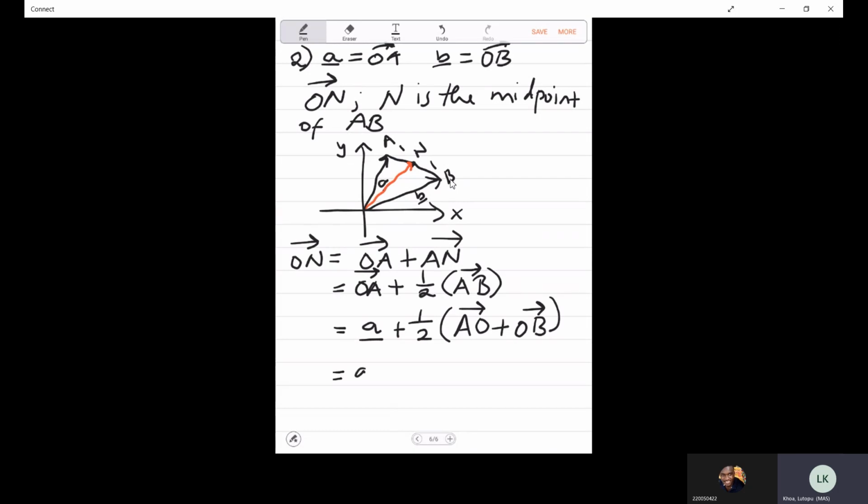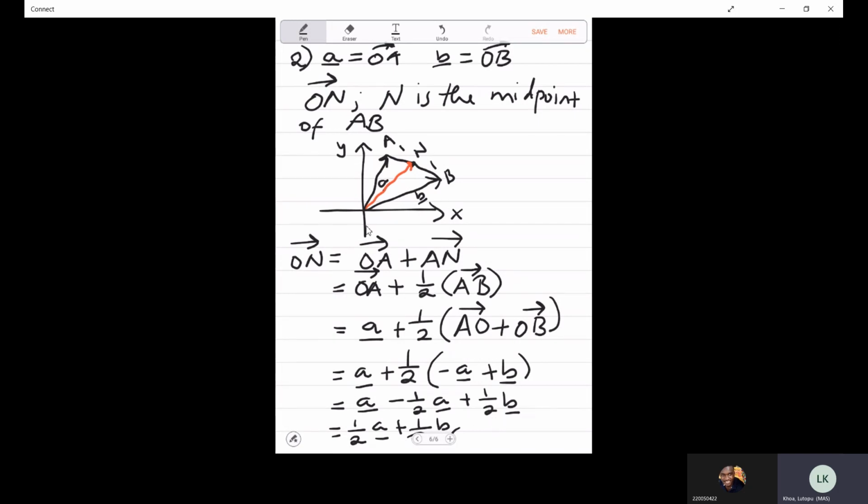Right, continuing, this is A plus half, and then AO, that's now in the opposite direction of the small a, so it will become negative. And then OB is in the same direction as this vector B, so I just add the B over there. So this is A minus a half A plus a half B, and this is half A plus half B, like that.